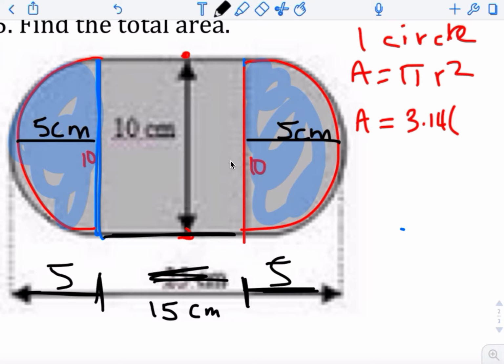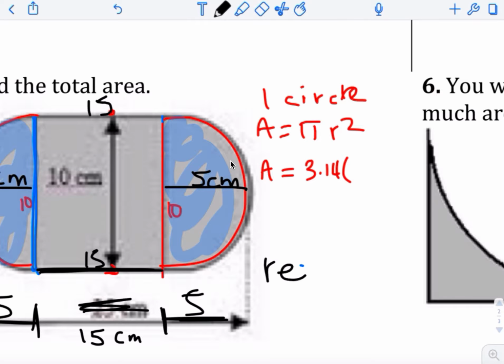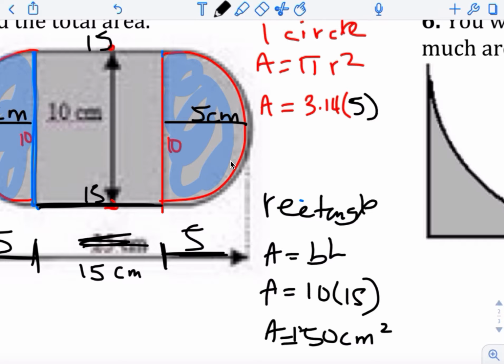So this piece right here is 15 and 15. All right, so the rectangle is easy then. Area is base times height. Area is 10 times 15, so the area of the rectangle is 150 centimeters squared. This is 5 squared, okay, 25 times pi.